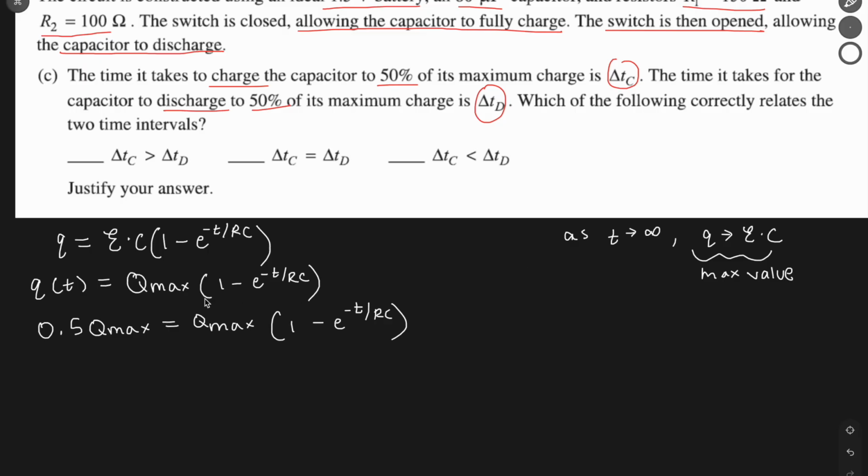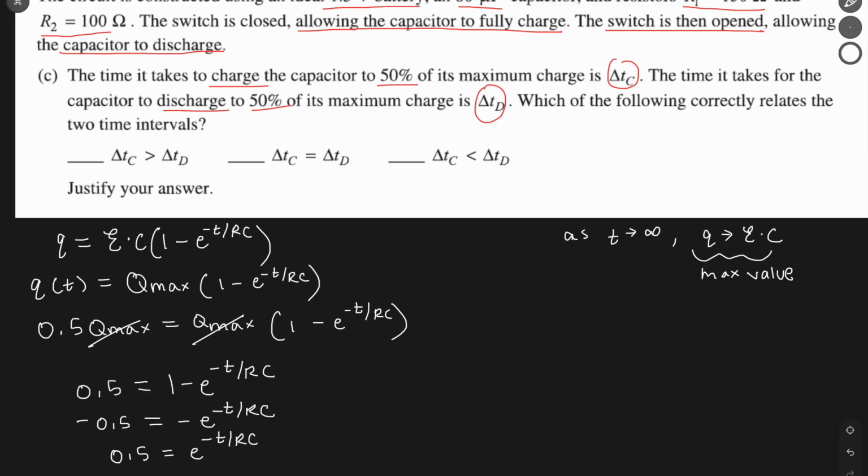And now you will notice that we have Q max on both sides of the equation, so we can easily cancel that out. And we get 0.5 is equal to 1 minus e to the negative t over RC. And from here, we just have to do a little bit of solving and we can solve for t. And negative t over RC.